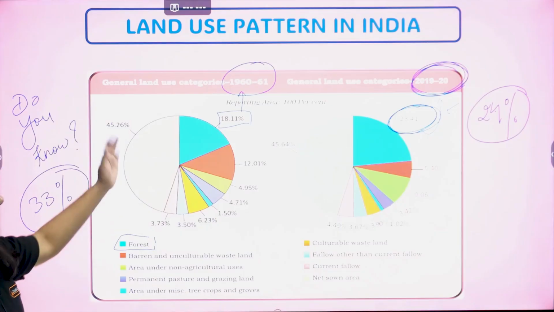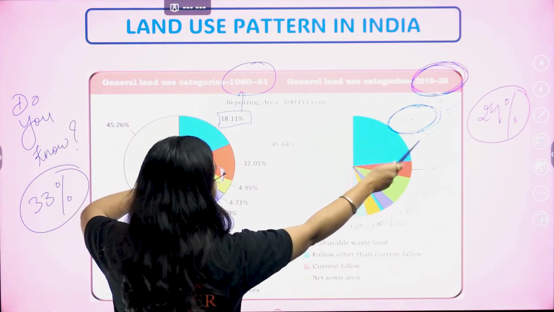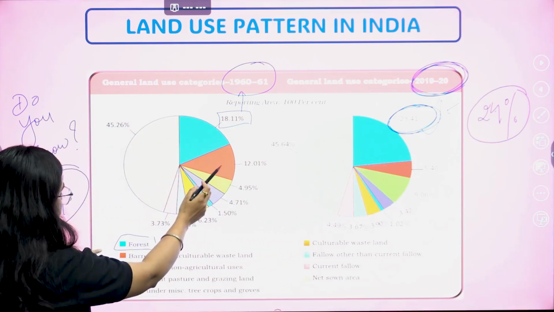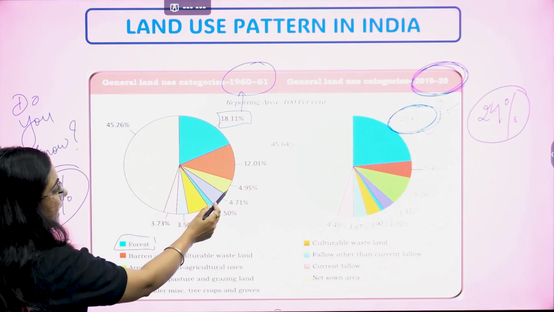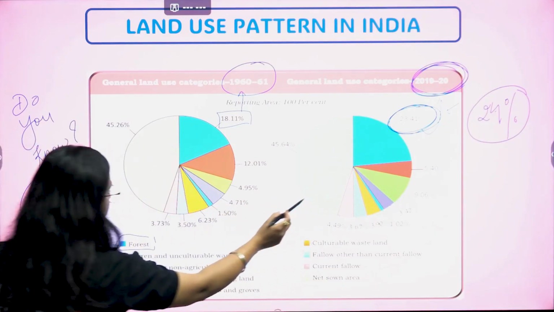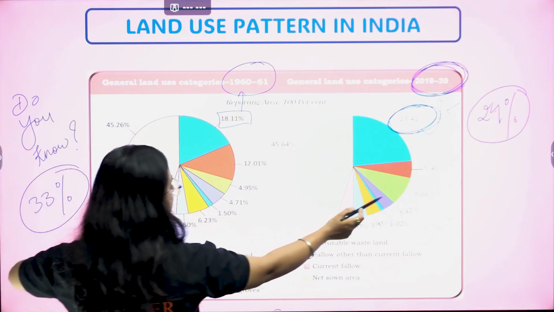So going to the land use pattern, we can see forest increased. Okay, this red one is barren land, that is reduced. Non-agriculture use increased. See that. Permanent pasture and grazing land decreased.